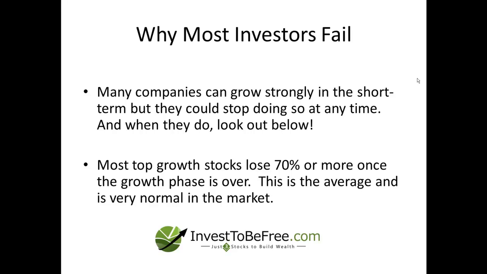So typically with top growth stocks, at some point the growth phase ends and the stock price comes down on average 70% once this growth phase is over. And this is actually the average haircut, and it's very normal in the stock market.